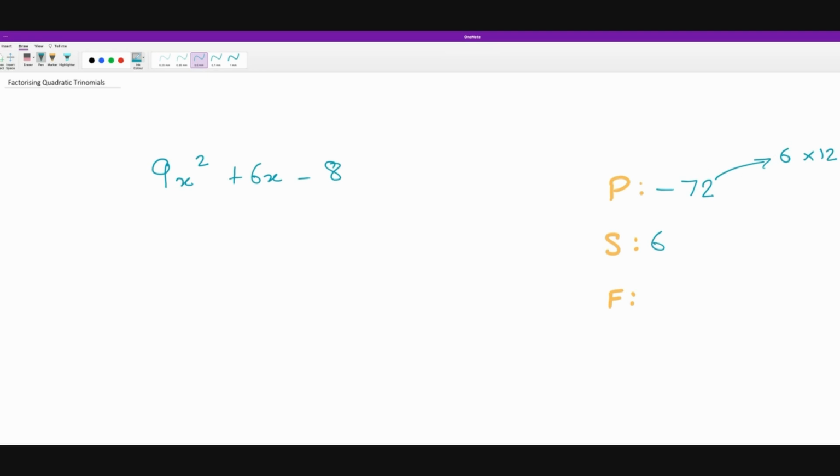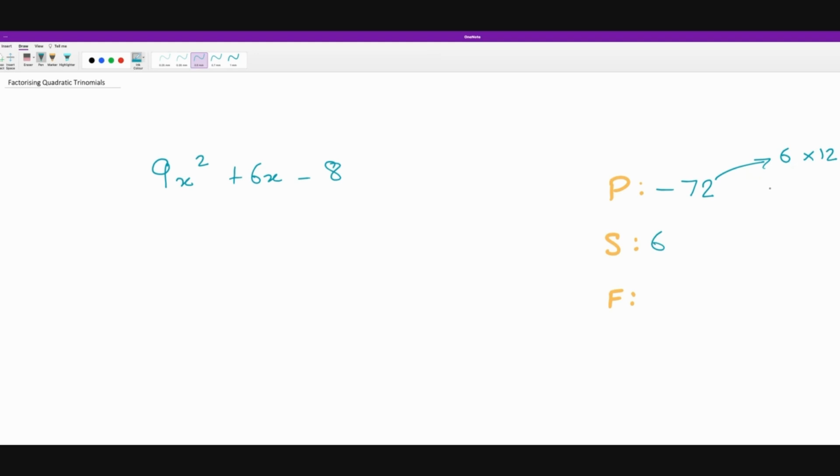So one of these numbers has to be a minus in order for me to get a minus 72. But I need to also keep in mind that my sum here is positive. So that means whatever number is going to be a negative, it has to be the smaller number.